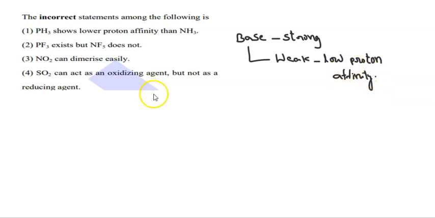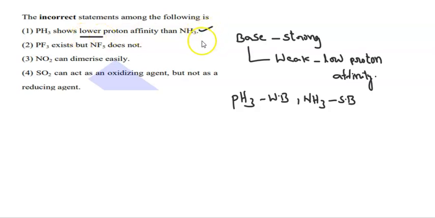That means they have the least tendency to accept the proton. PH3 is a weak base when compared to NH3. NH3 is relatively a strong base when compared to phosphine. So option 1 is correct, it is not an incorrect statement.